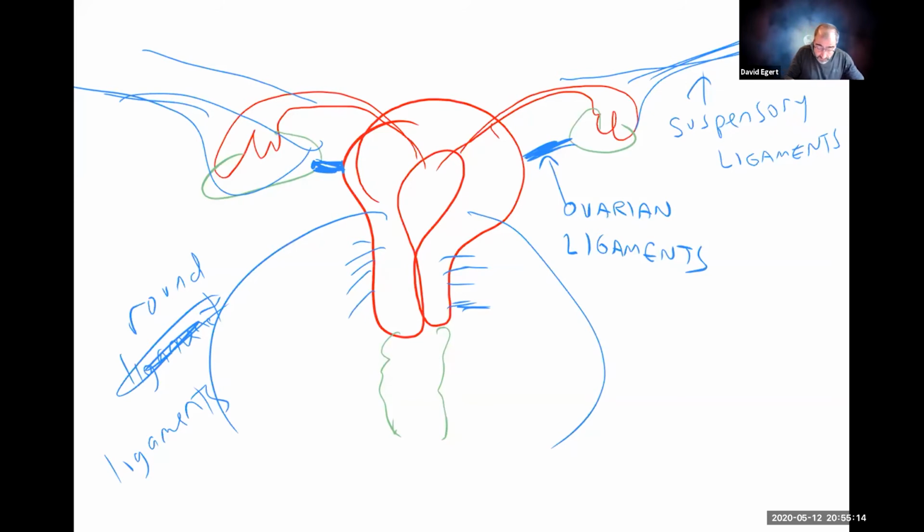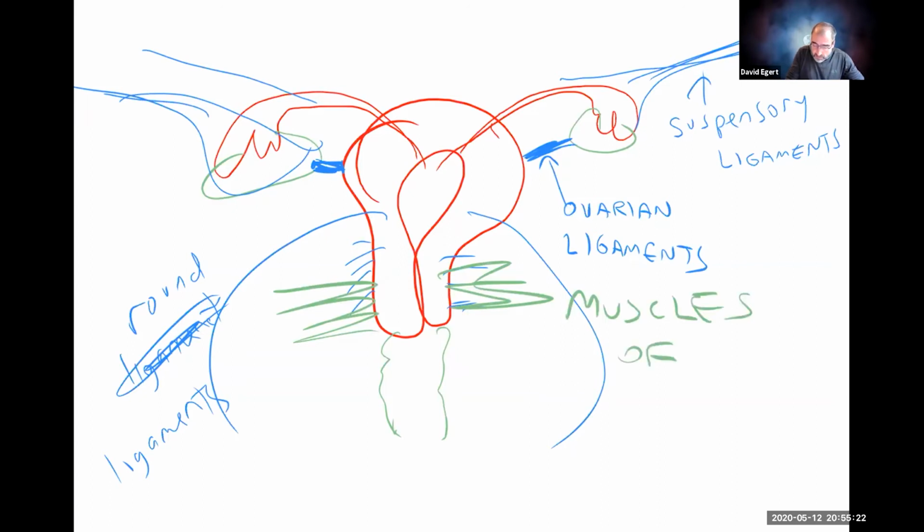So the muscles of the pelvic floor are important. In fact, sometimes after giving birth and there's damage to this, the whole uterus can drop down. You can actually see the cervix peeking out through the vaginal opening.